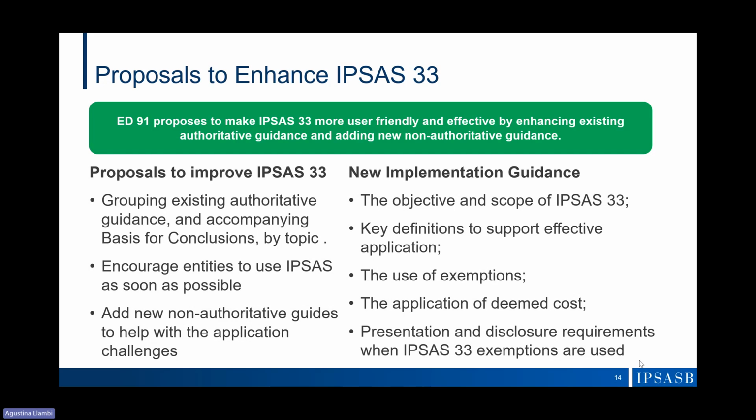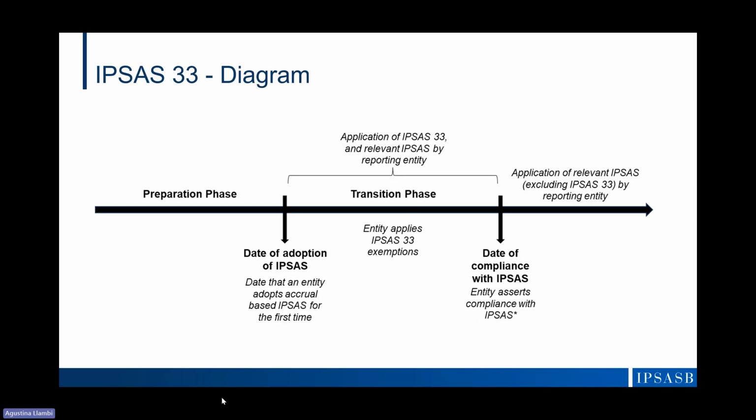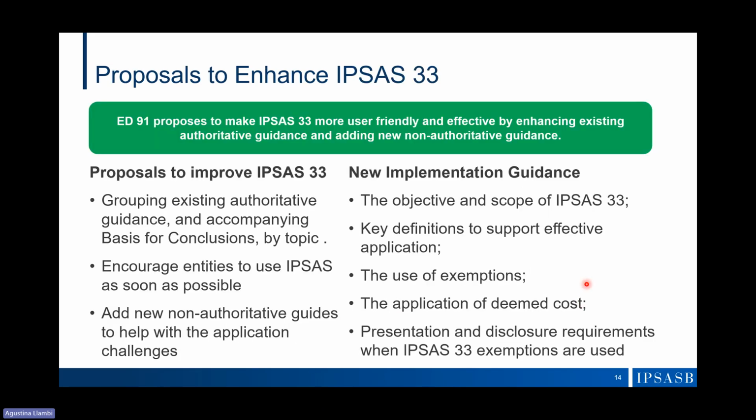So you're determining the phases, which requires, right, that I have done this preparation, that I have that project plan determined ahead of applying IPSAS 33. There's a lot of thinking that happens here before I apply 33. So I think that clarity was given by all of this new implementation guidance that walks you through those types of questions on the objectives, and the key definitions also that support the application.